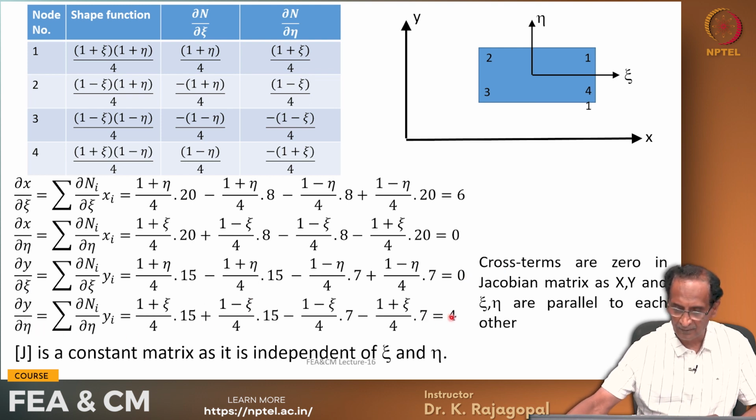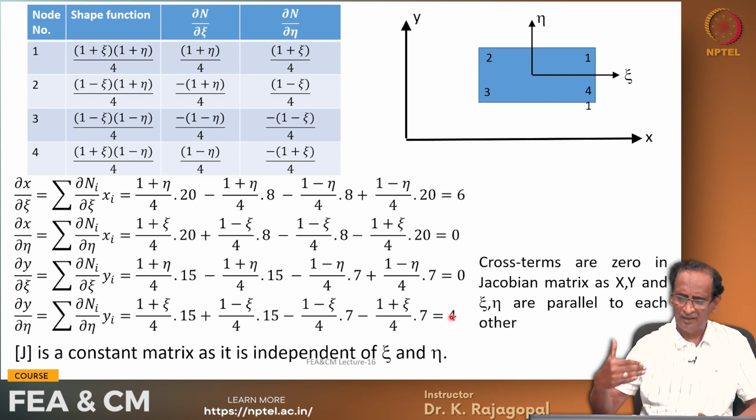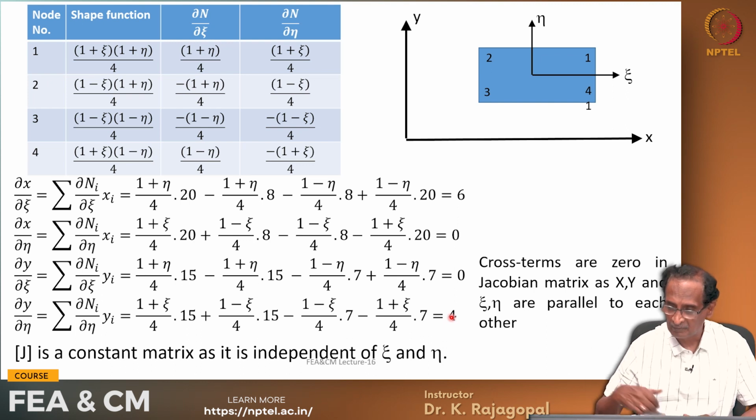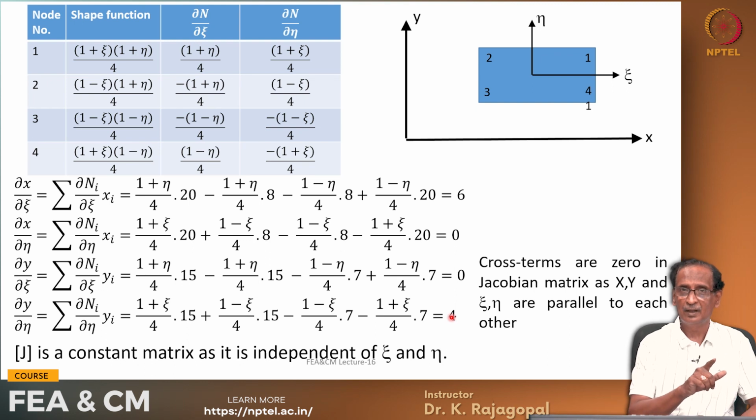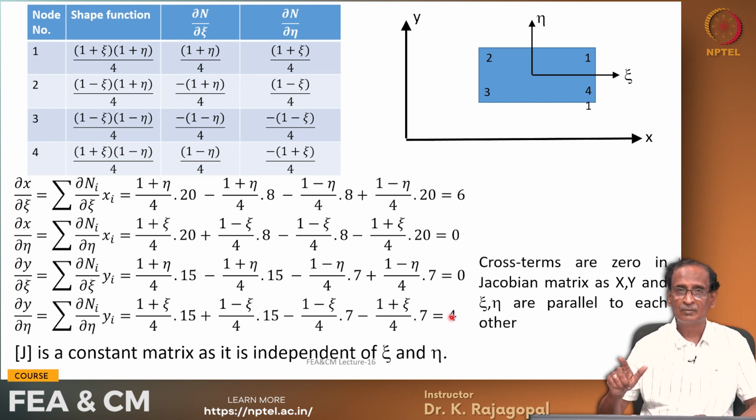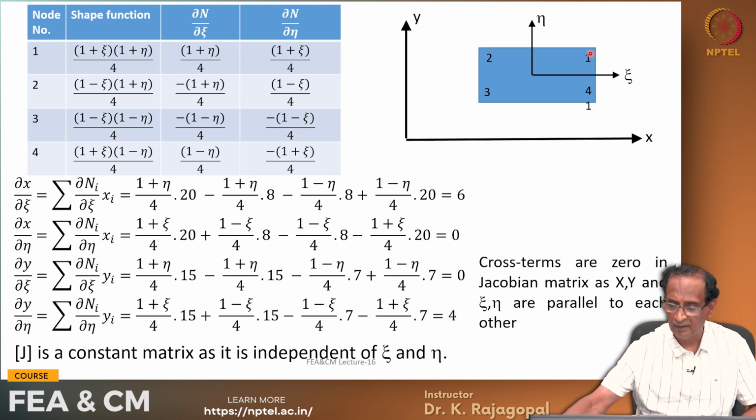∂y/∂eta is 4. So, actually if you see the x and y coordinates are coinciding with the xi and eta coordinates. They are parallel to each other, or they are just coinciding because we can literally move the location of these coordinates, and because they are parallel to each other, as you are moving along xi, your y is remaining constant because our element shape is rectangular.